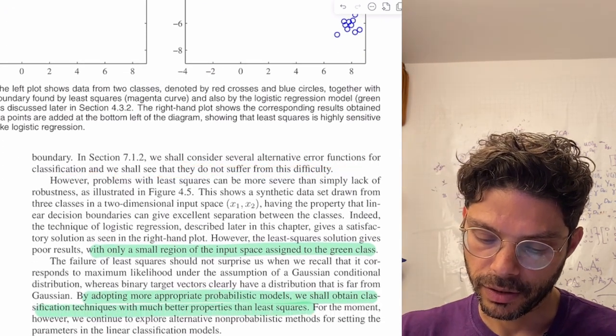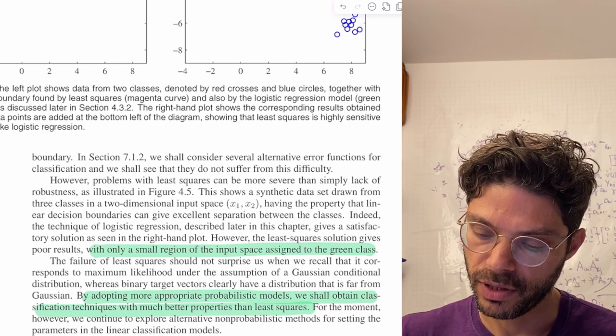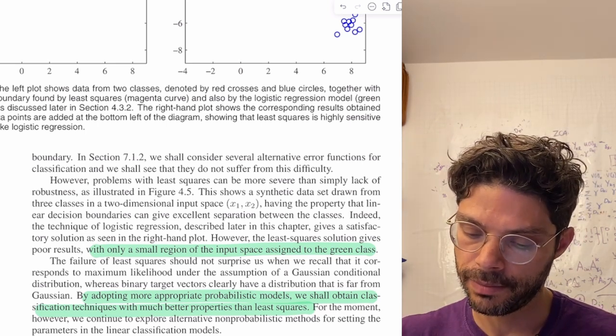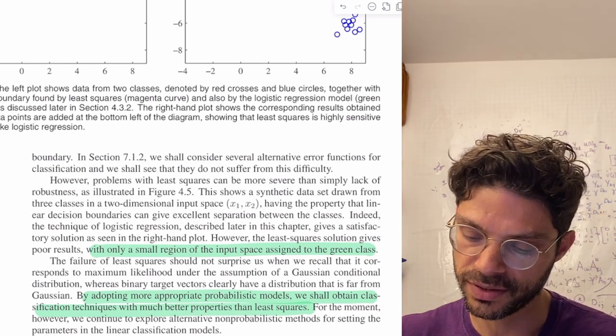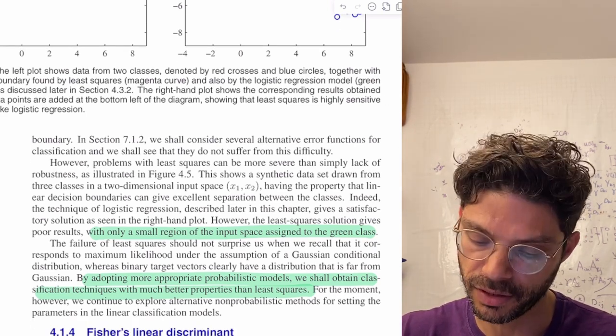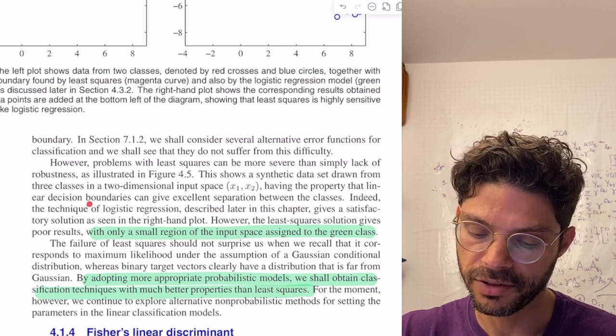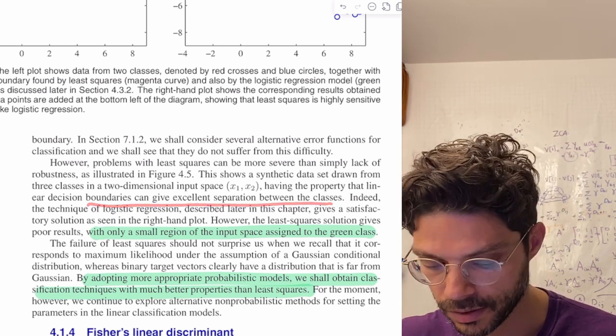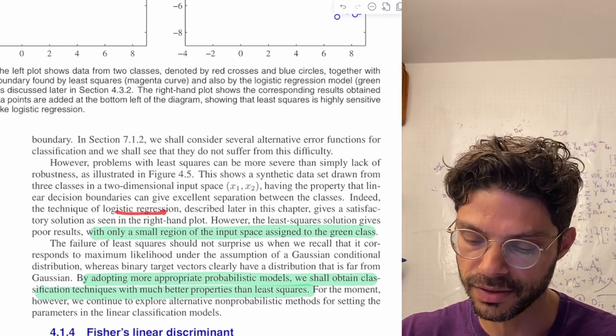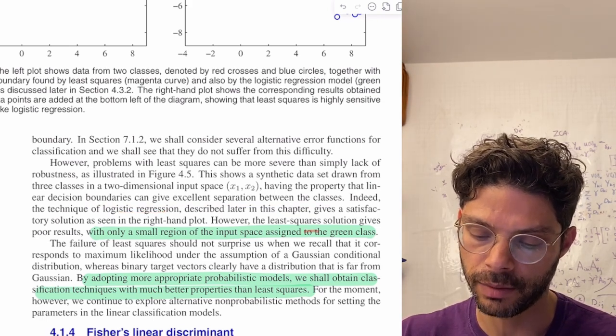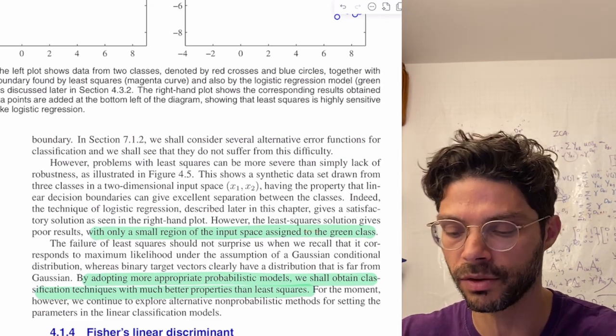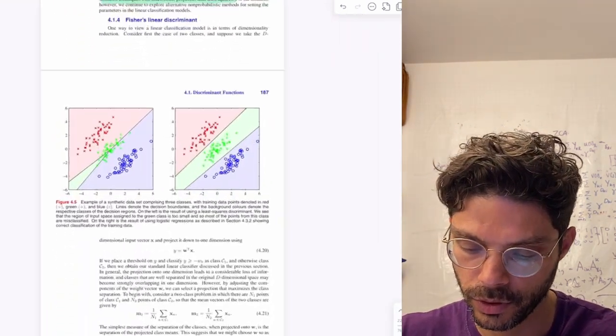Okay, and finally it says, look, the problems with least squares can be even more severe than simply lack of robustness. This is showing a synthetic data set from 3 classes in a 2-dimensional input space, where linear decision boundaries can give excellent separation between the classes. And logistic regression, again, does that, but least squares manages to only squeeze a tiny part. So let's have a look at that so we know what we're talking about.